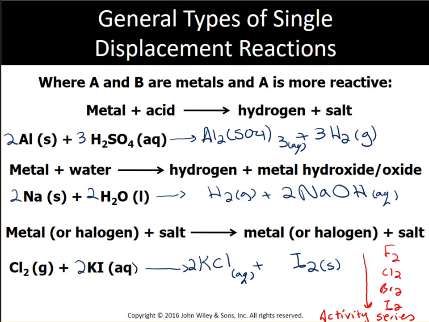And as you go down, it decreases. So here chlorine is more active than iodine. That's why the reaction takes place, and chlorine can in fact replace iodine. So let's do a few more examples.